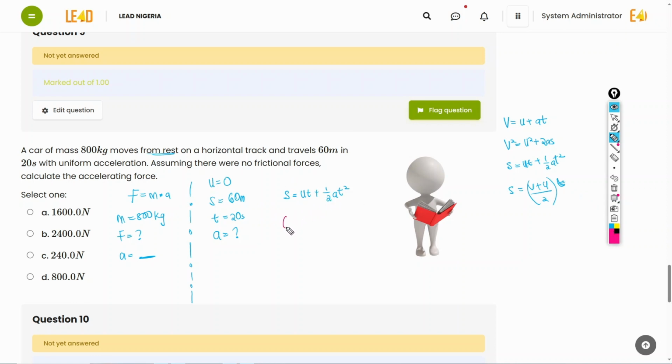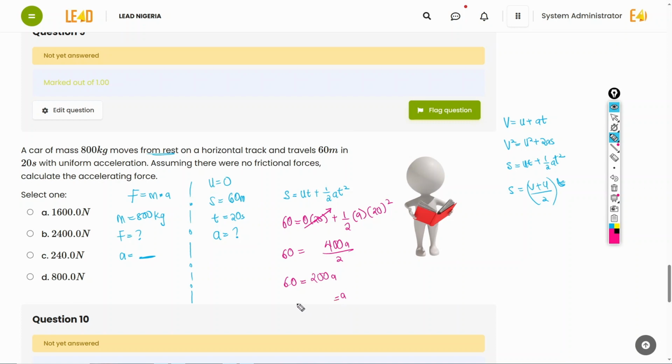All right, so let's substitute. We have s, that's 60, is equal to u, which is 0, times 20, plus half times a times 20 squared. So 60 is equal to, this will just cancel out, 400a over 2. So 60 is equal to 200a.